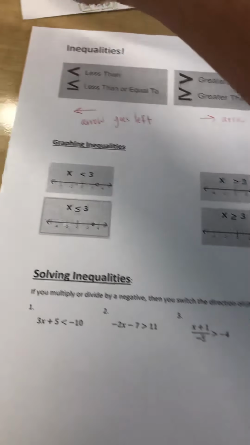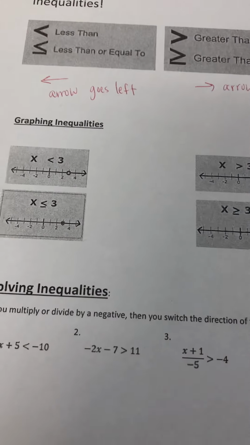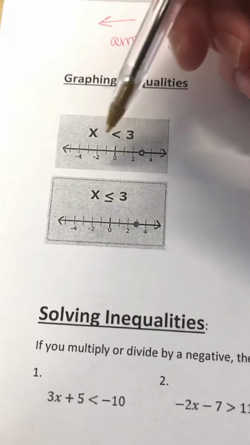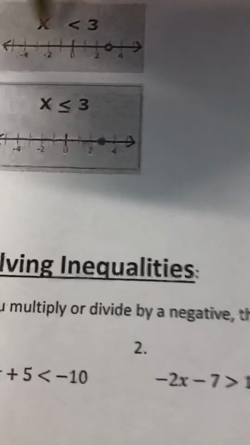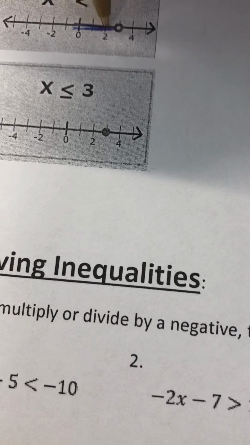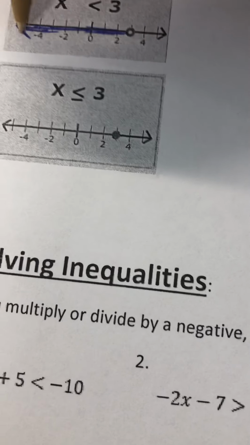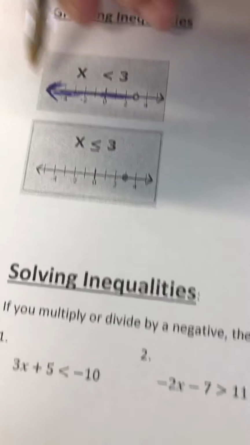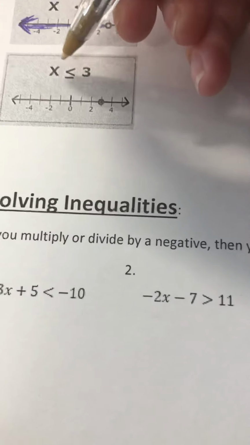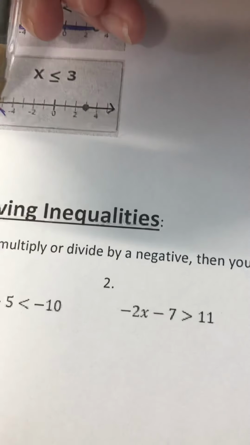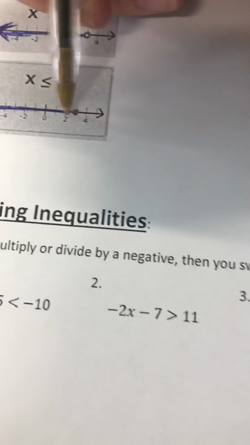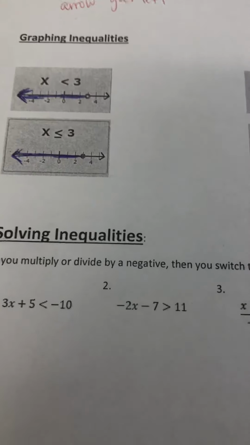So we can see right here, let me just make it a little bit more clear. Can you see right here it says x is less than 3? So that means whenever I graph that, the arrow would go to the left. For x is less than or equal to 3, it would go to the left. Now, if you'll notice, there are some differences there.